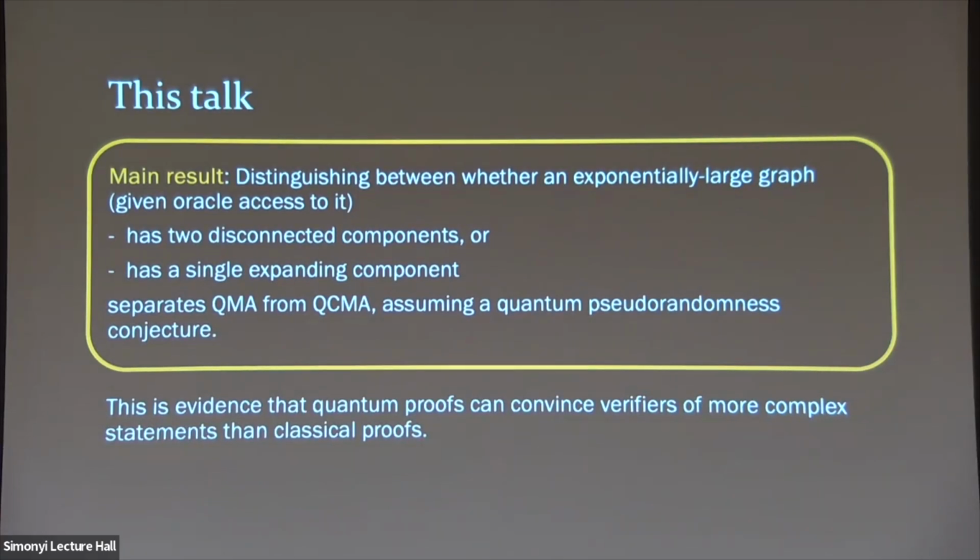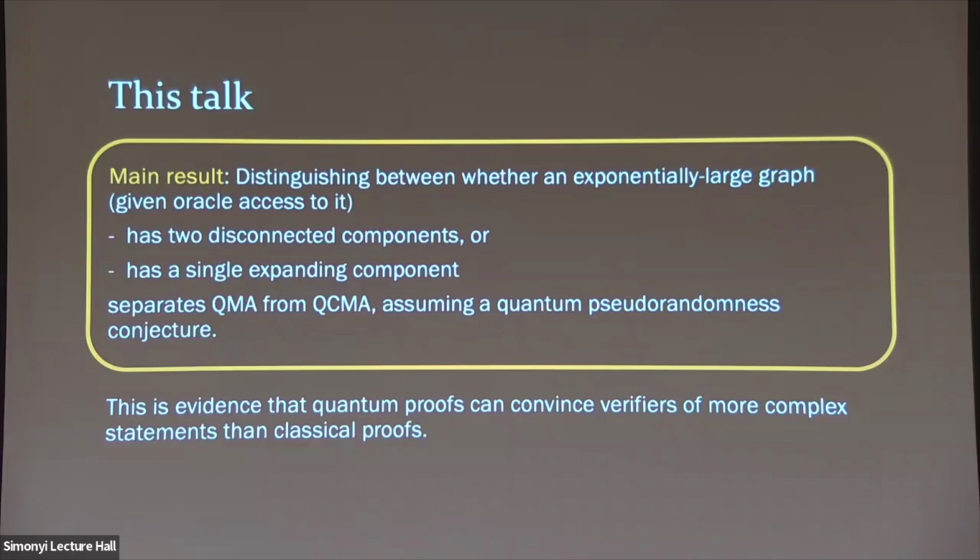So the main result that I'll be talking about is the following: distinguishing, given oracle access to an exponentially large graph, whether it has two disconnected components of equal size, or has a single expanding component. This is some computational problem.